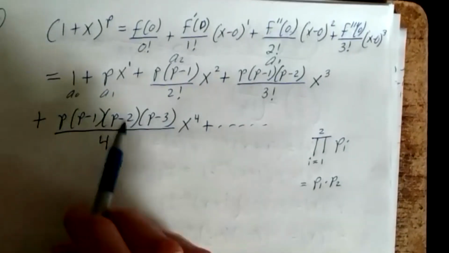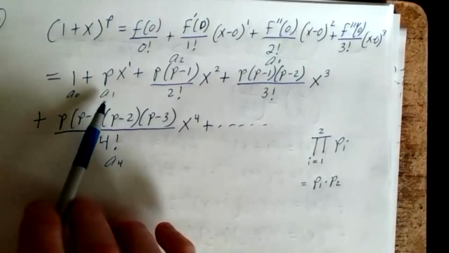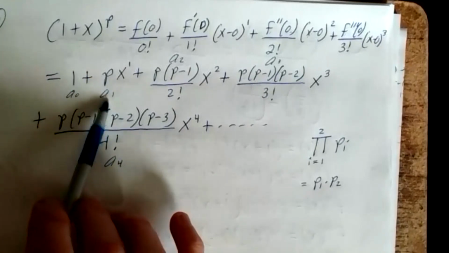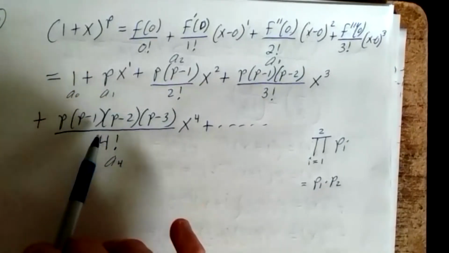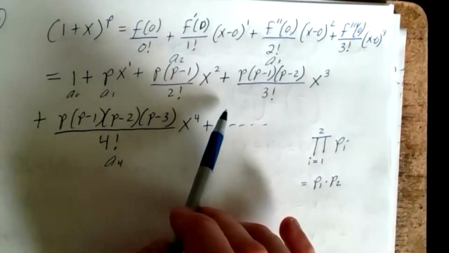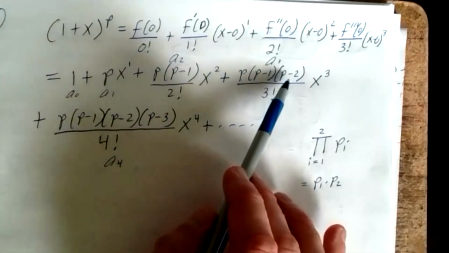Well, this is p minus 0. This is p minus 1. This is p minus 2.